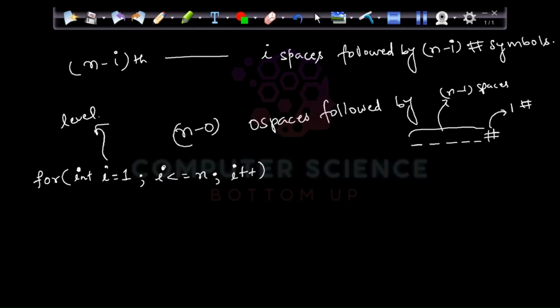For a given value of i, you can think of i as a row or level.